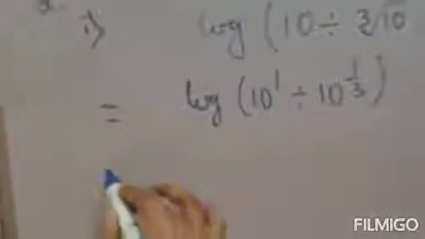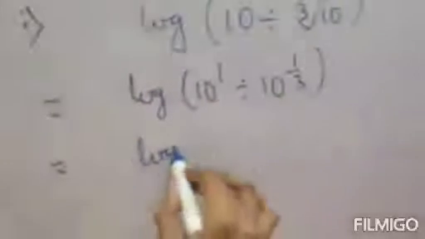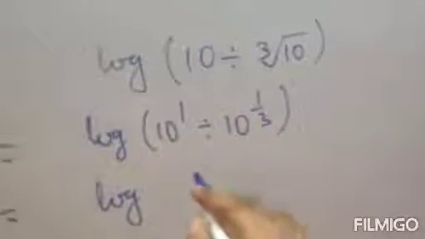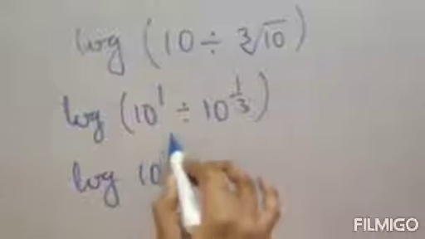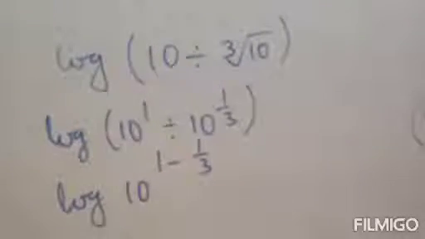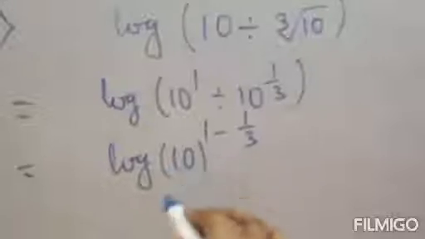Because we can write 10 to the power 1. 10 to the power 1 means 10, and cube root of 10 means 10 to the power 1 by 3. So just this is the division. So division, that is log. So apply division formula. So it will be 10 1 minus 1 by 3. Clear?